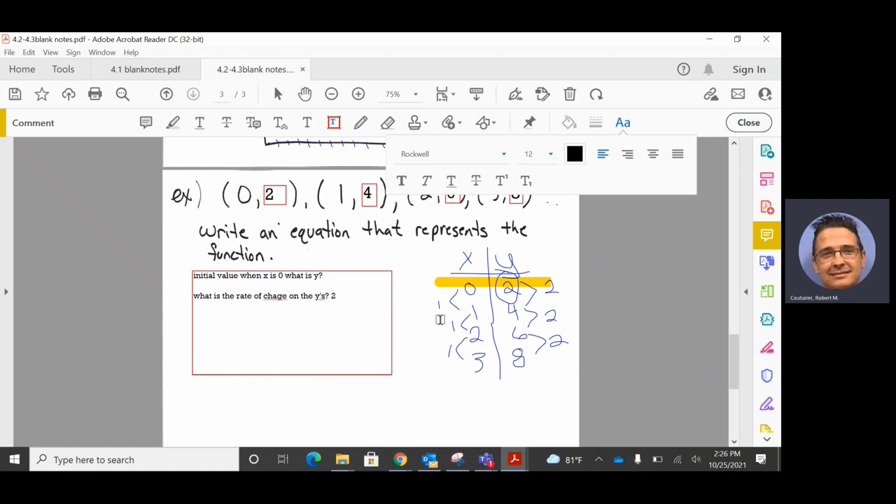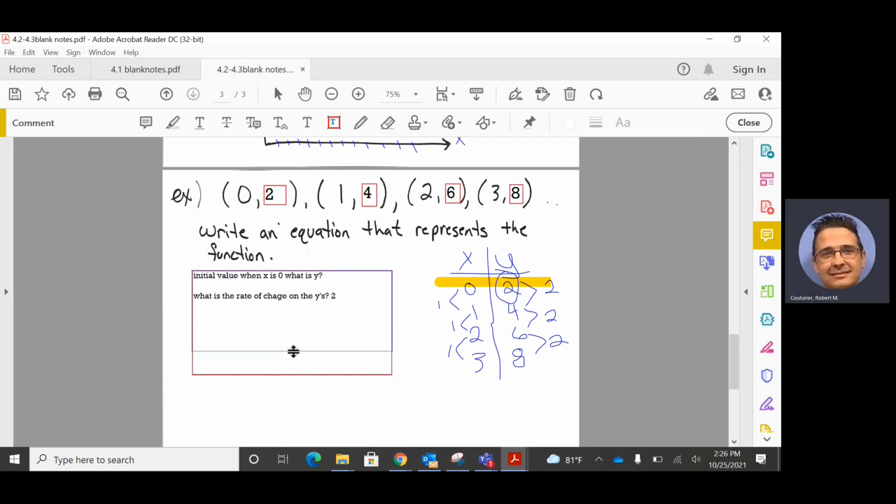And this is as simple as it gets. Notice the x's are changing by a rate of 1, so the y's are changing by 2 each time. This allows us the opportunity to write an equation for this.